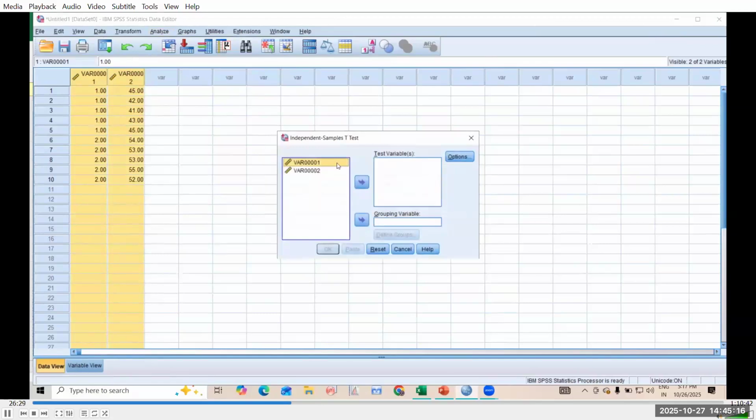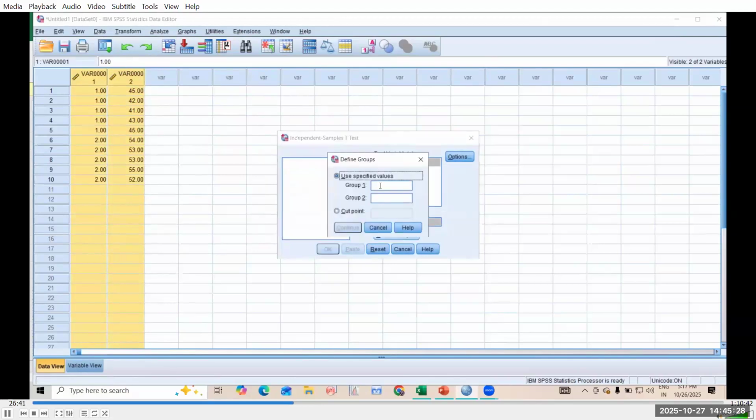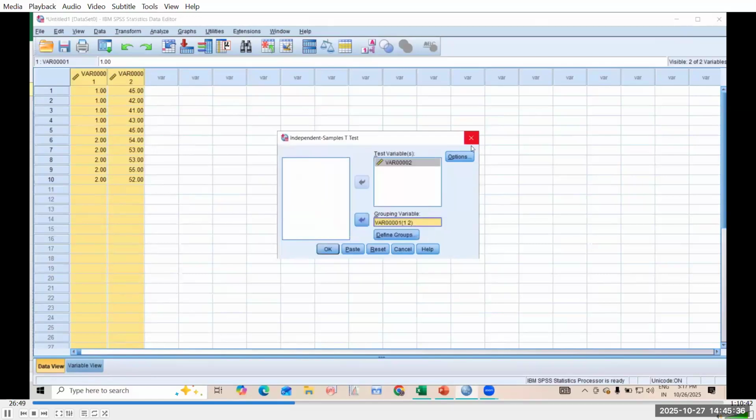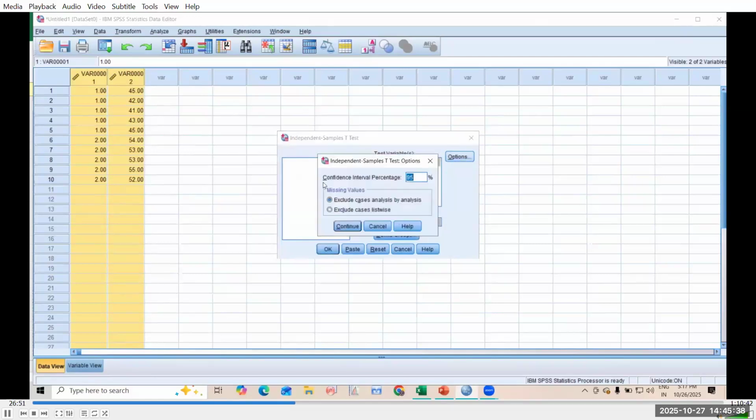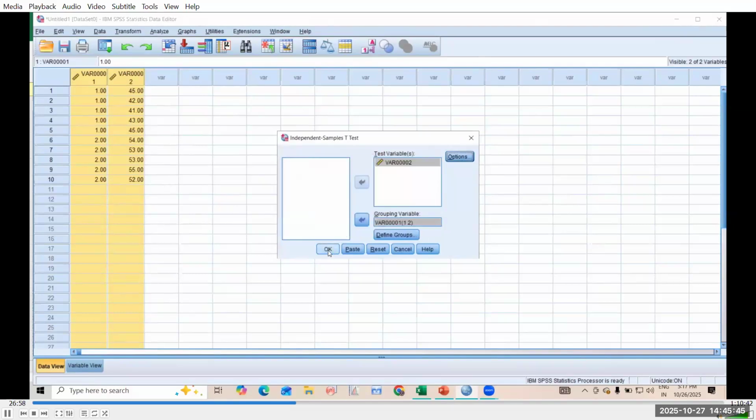Column 2 will be the test variable, and column 1 will be the grouping variable. Define groups: group 1 is variety 1, and group 2 will be variety 2. Press continue. Options will be the same. The confidence interval percentage will be 95%. Then click continue, then click OK.